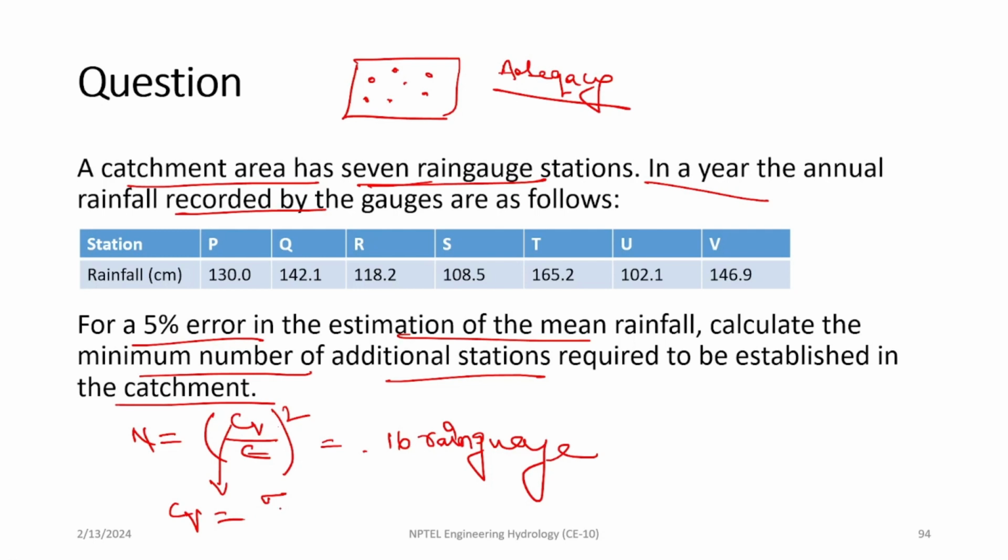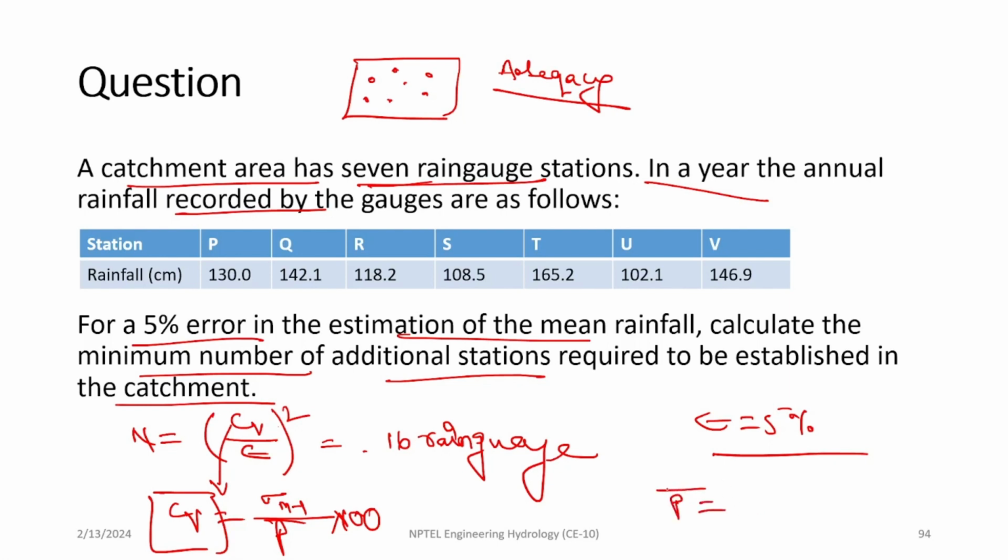So we will compute the standard deviation first, using m-1 for the number of rain gauge stations, and we will divide this by the average precipitation, and multiply it by 100, because whatever value we are taking will be in percentage. So this E value will be in percentage only. And now for this CV value, we use this standard deviation concept. Now firstly we have to compute the P average value. So can you tell me the average value of this?